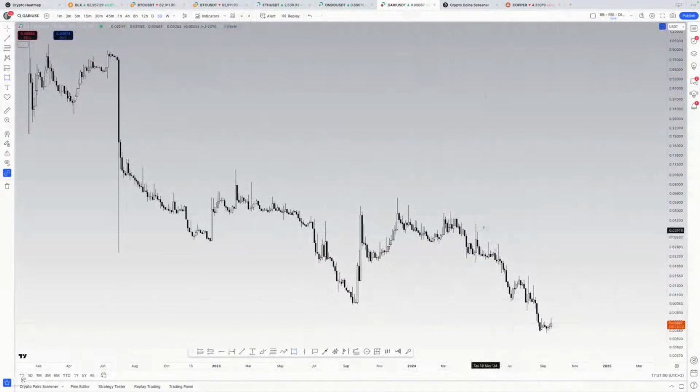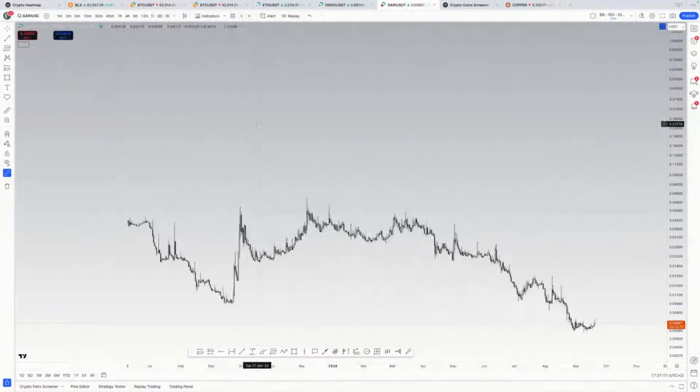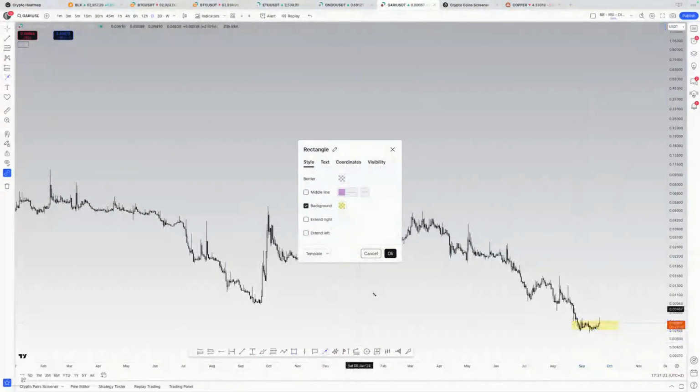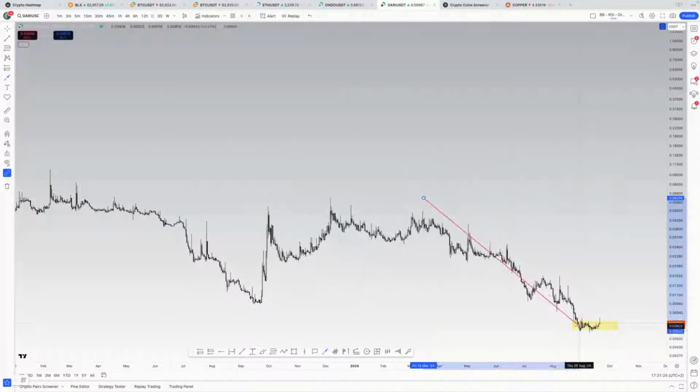However, this downtrend, let me go to the 1 day chart. It's kind of exhausted, I would say, because it's flattening here. Look, this was down, down, down, down, down, and it's stabilizing.